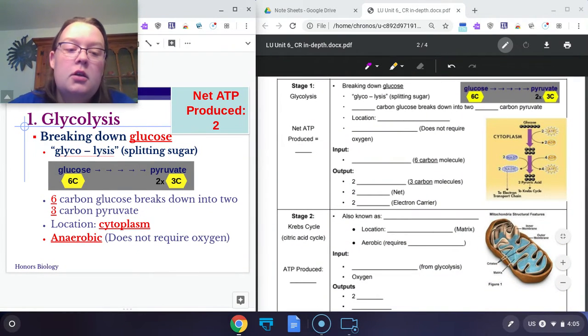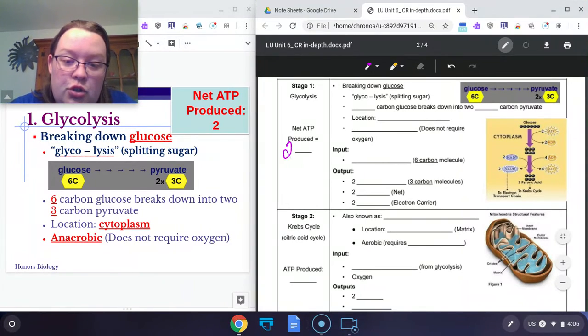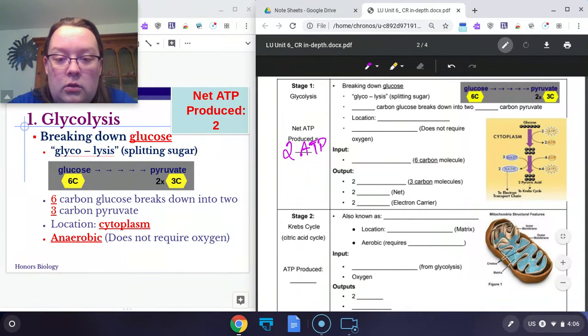So step 1 was glycolysis. Glycolysis is going to make 2 ATP for a cell. In this process, again, it happens out in the cytoplasm of the cell. It's called glycolysis. Glyco is glucose. Lysis means breaking down.